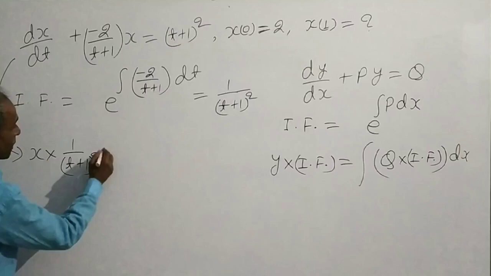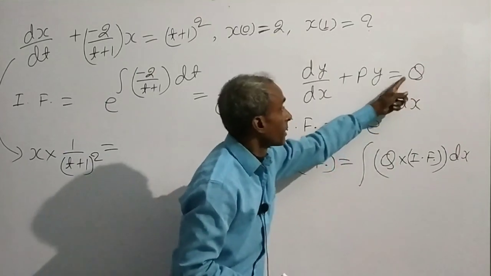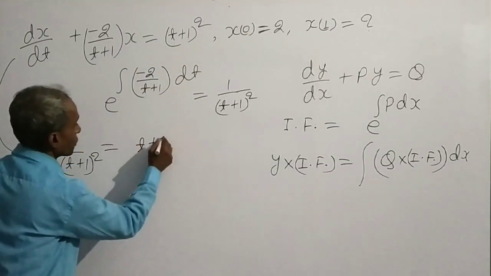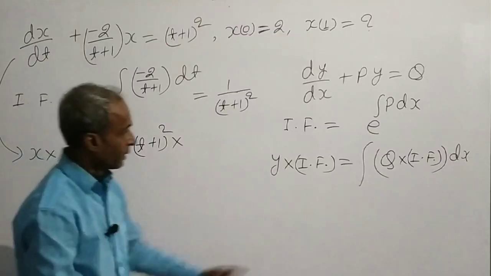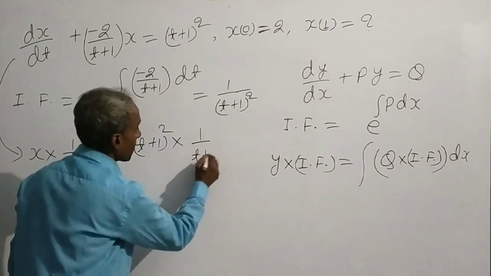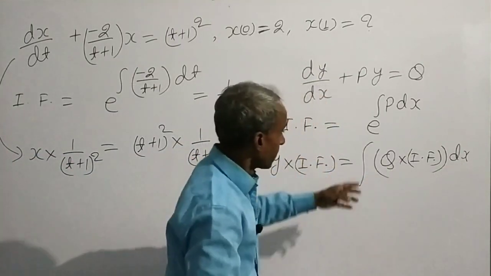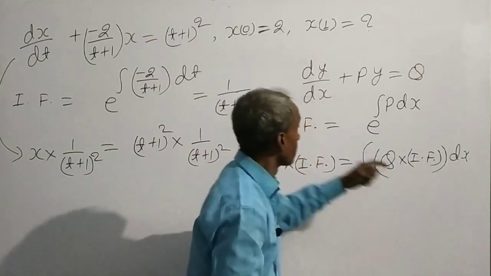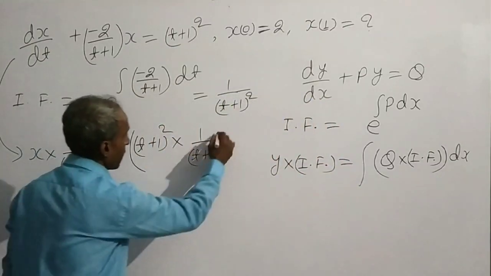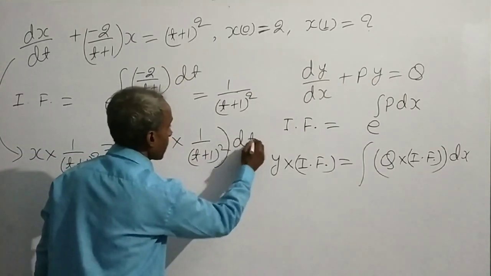Is equal to q, the function appearing here, t plus 1 square times the integrating factor 1 by t plus 1 square, dx, that means integration of this product with respect to the variable appearing in the denominator.